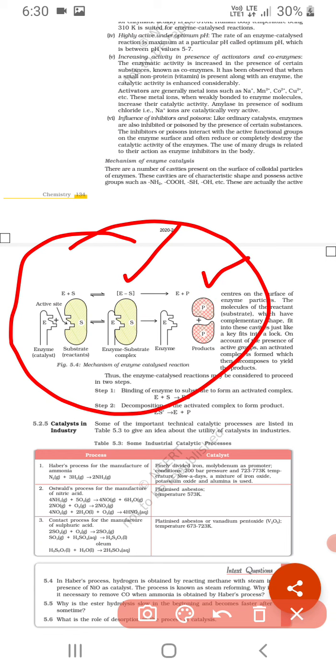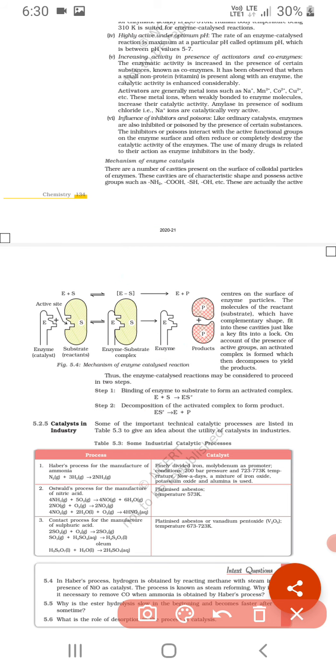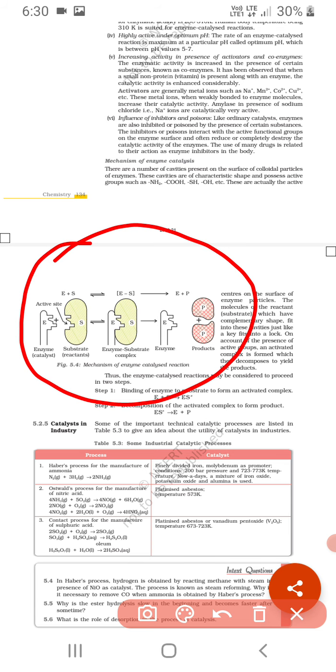As we all know, enzymes are biocatalysts, so it remains as such, right? Now, in the form of chemical, how the enzyme combines with substrate, how the message is transferred, let's start discussing.